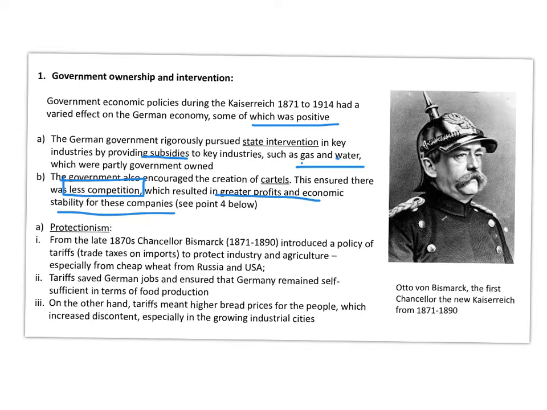The German government deliberately encouraged the creation of these cartels. I think there was something like 366 different cartels in Germany by the start of the 20th century. So it very much works in the interests of the big private businesses, not the small businessmen, but the big private businesses. That's the first area.